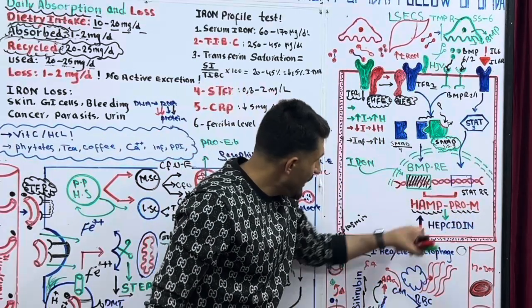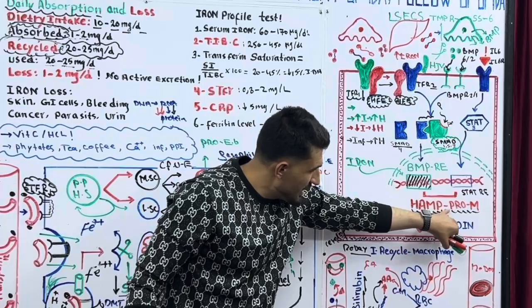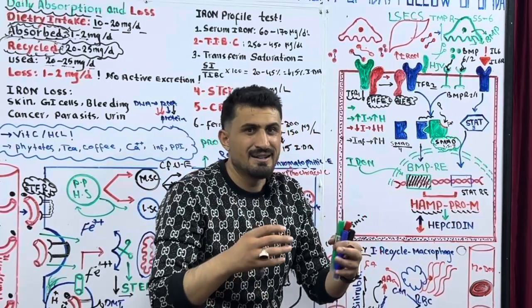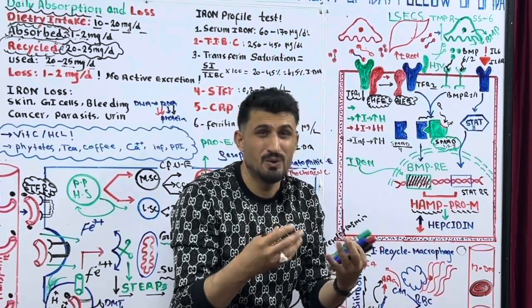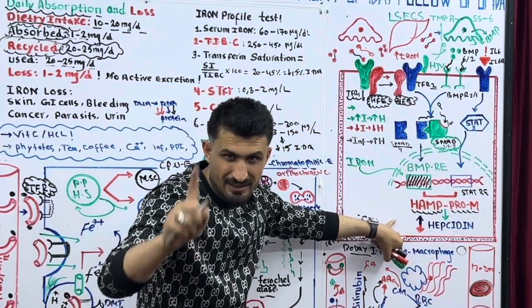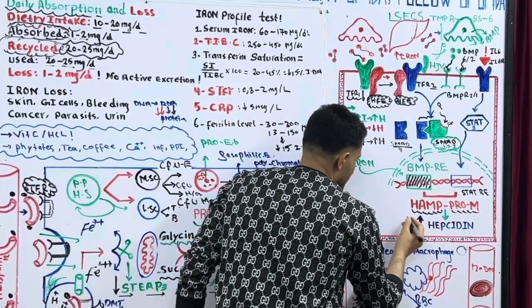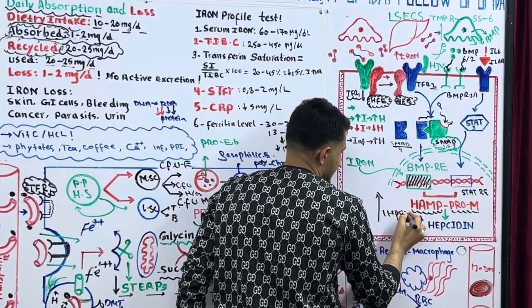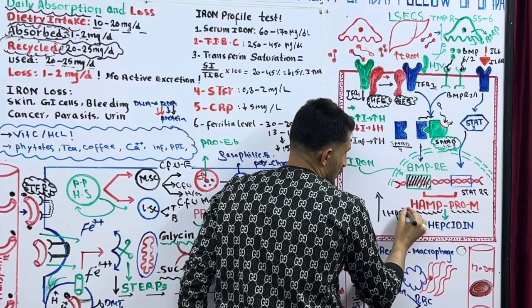So now the HAMP promoter area produces a lot of RNA, and this RNA is then translated to a lot of protein, and this protein is hepcidin. So now this high amount of hepcidin, this is the most important part.